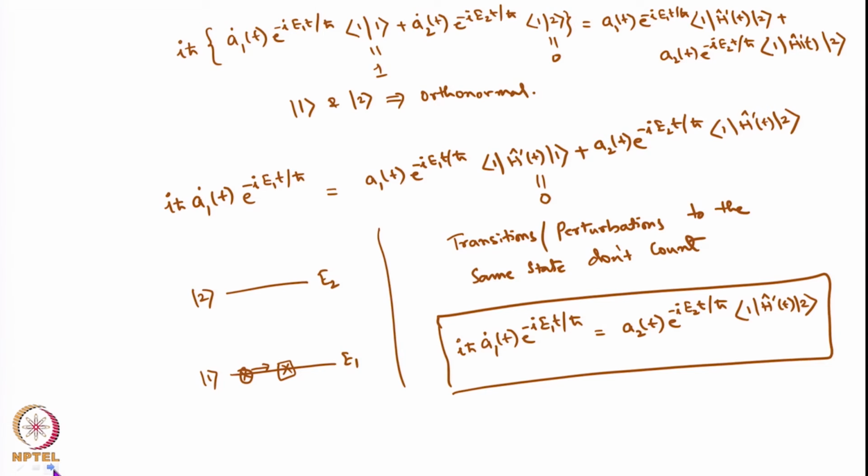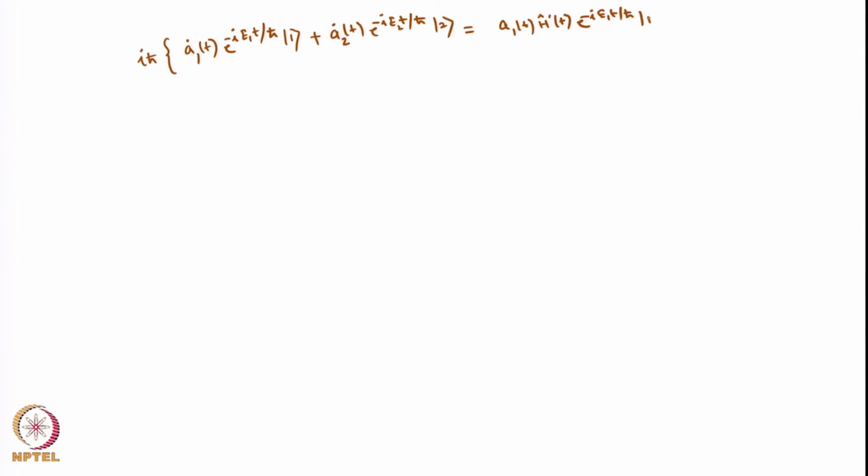Okay. Now let us do this. Let us go back to the first equation that I wrote in the beginning of the lecture, that is nothing but iħ A1 dot t e to the power of minus iE1t by ħ ψ1 plus A2 dot t e to the power of minus iE2t by ħ ψ2 should be equal to A1(t) H'(t) e to the power of minus iE1t by ħ ψ1 plus A2(t) H'(t) e to the power of minus iE2t by ħ ψ2.